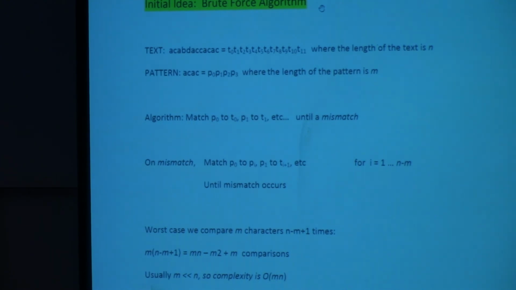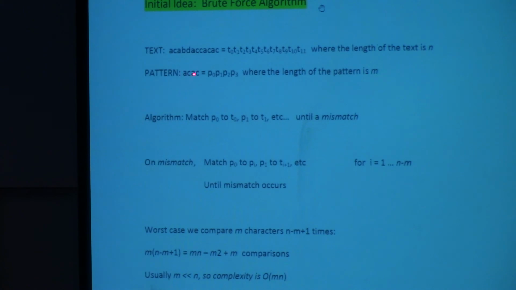I'm going to assume that the length of this text is n characters. It could be 0 to 11, it could be 0 to n. Text can be very long. Text can be several characters, or it could be 75 megabytes.